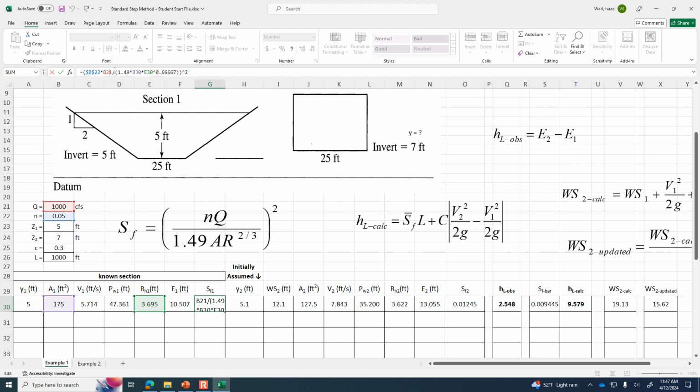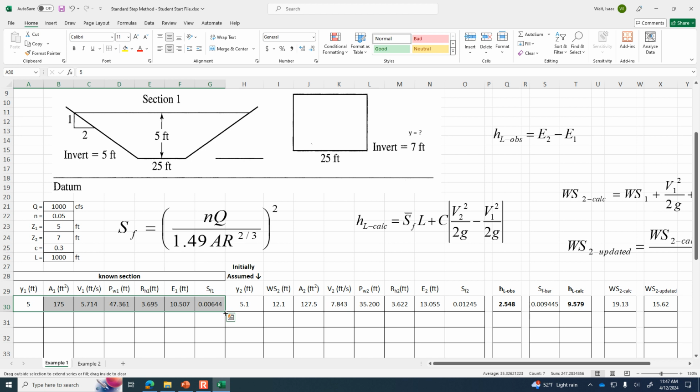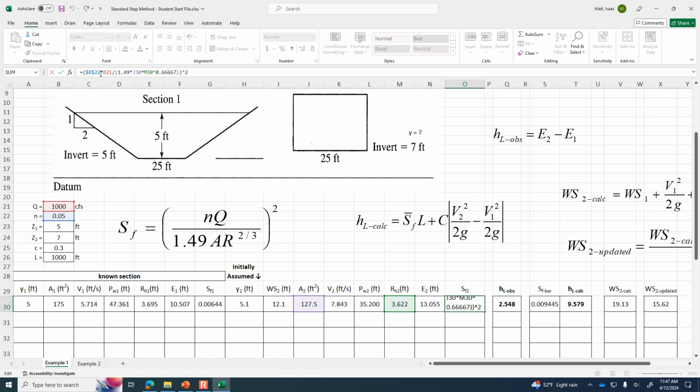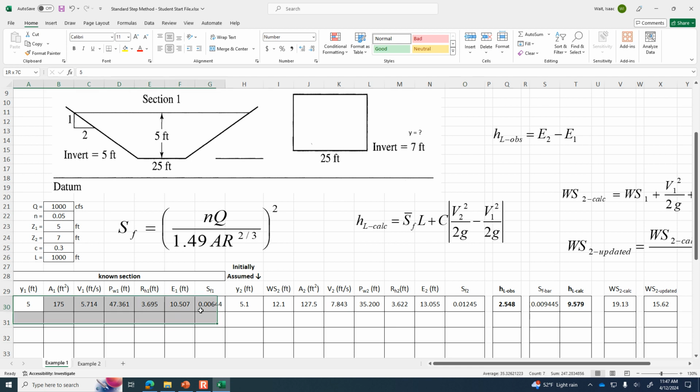So here I should do F4. Yep. That's right. And then that'll allow me to drag it down, right? That's the same for SF2 as well. Okay, so SF2, the flow rate there should be anchored. Thank you. All right, so let's see if the knowns should all be the same.